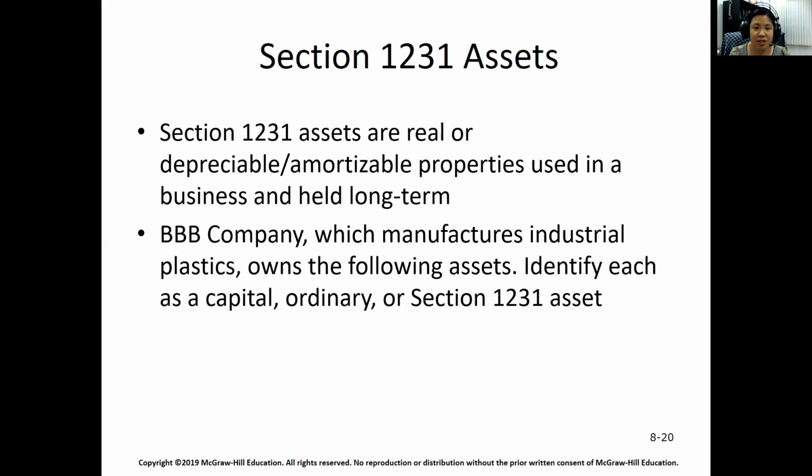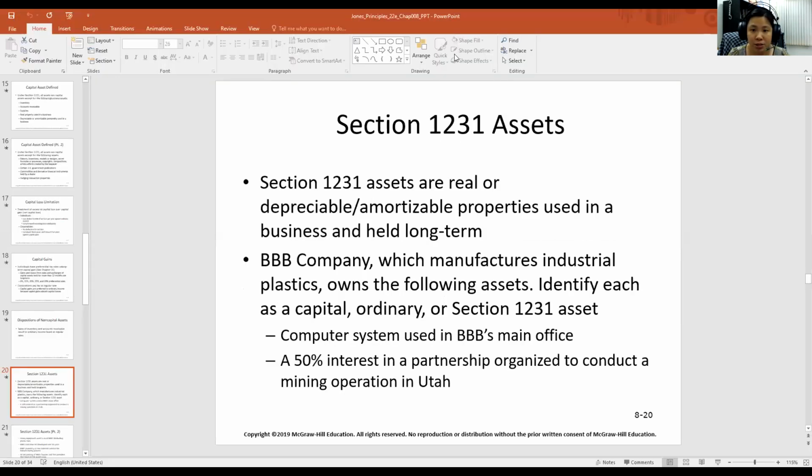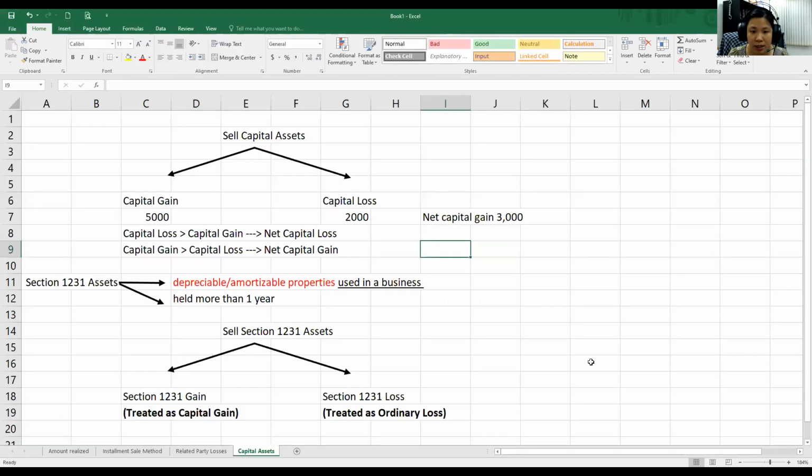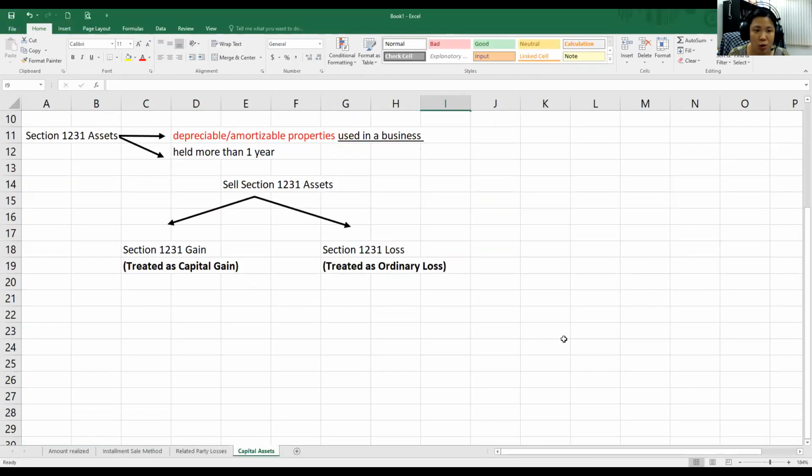Let's look at section 1231 assets. All right, I will share my Excel file with you. Section 1231 assets are depreciable or amortizable property used in business, and normally we hold them for more than 1 year.